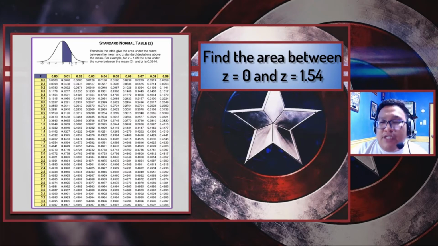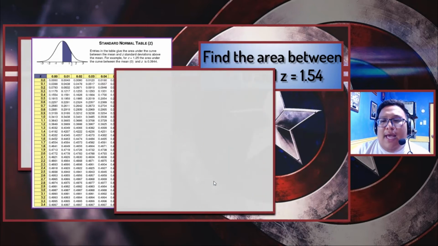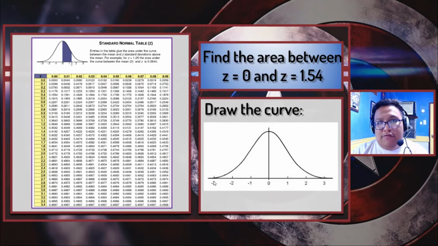Okay, so the first thing that you must do is to draw the curve. So, hanapin ninyo kung nasaan yung mga points na yun, just like how to look for a certain point in a Cartesian plane. By rough sketching, makikita natin na pwedeng nandun yung 1.54.